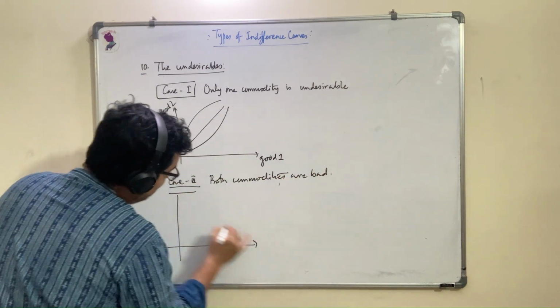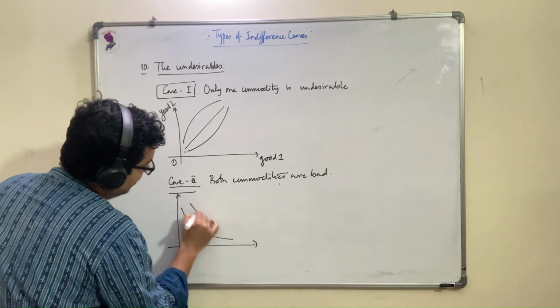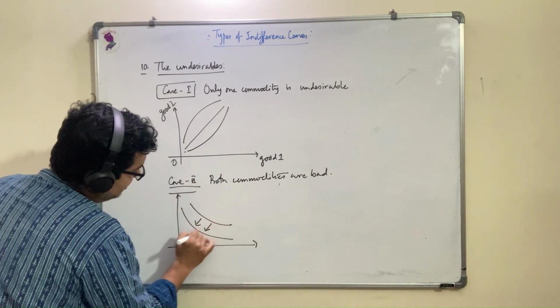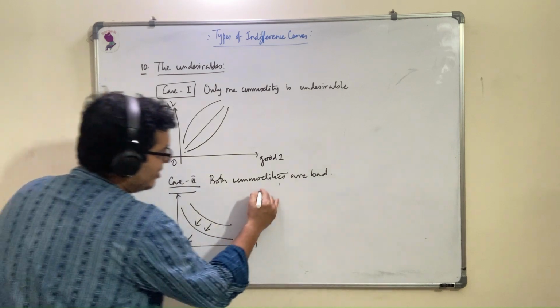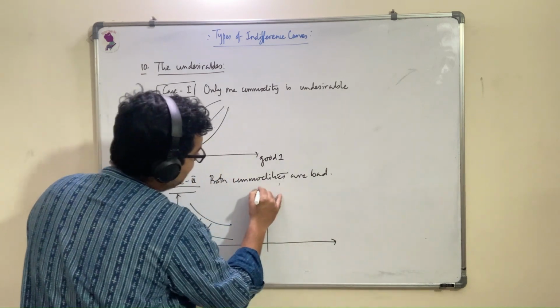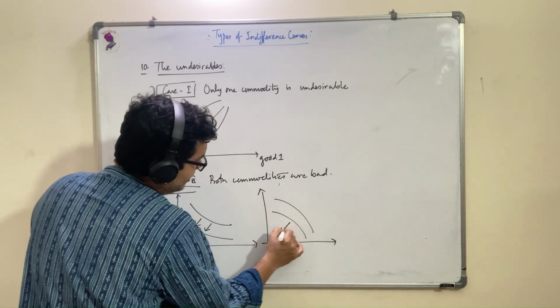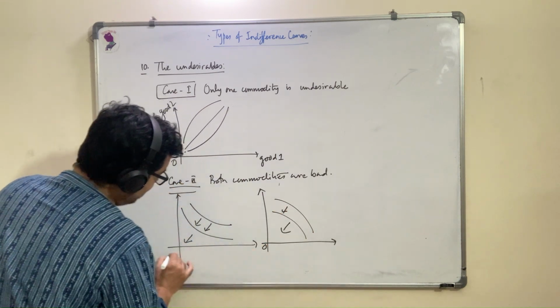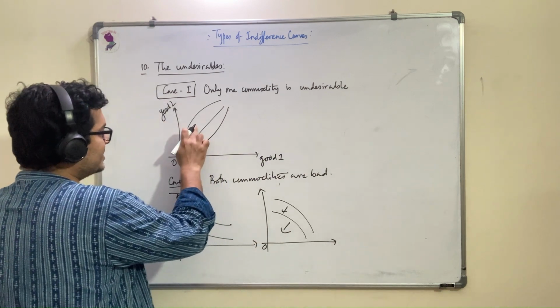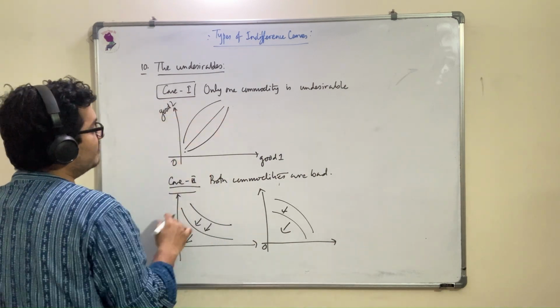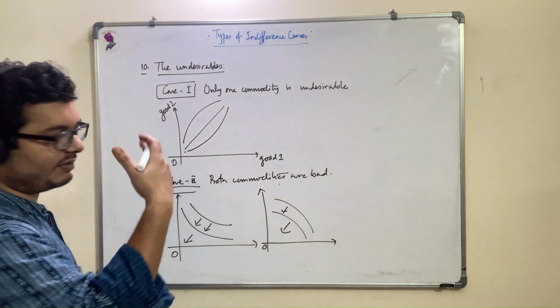Either I can have convex to the origin and the map looking at this direction, we have seen this, or we can have scenarios of Bliss Point like this, right? And then also the movement is towards the origin. In this case, however, the movement goes to the desirable commodities direction.